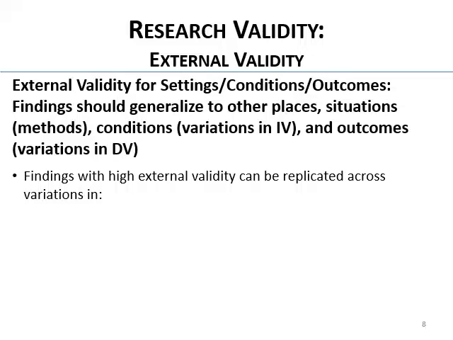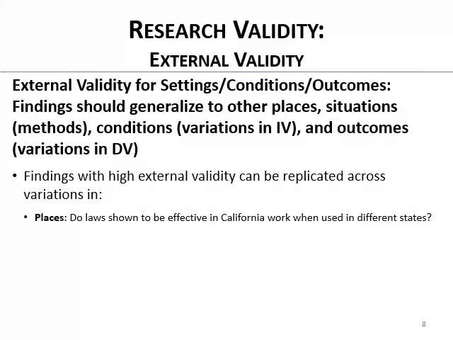So findings that have high external validity can be replicated across variations in places. So for example, and this is particularly useful if you're doing effectiveness analysis of programs, right? Program evaluation. So do laws that are shown to be effective in California work when they're used in different states? Well, if the law is truly an effective law, you would think it would.